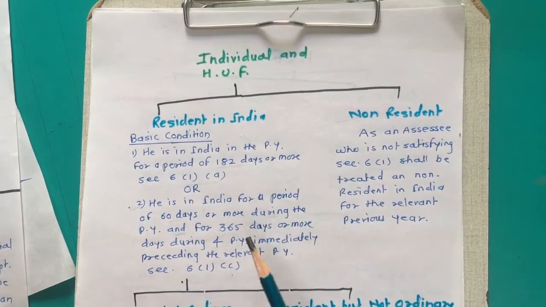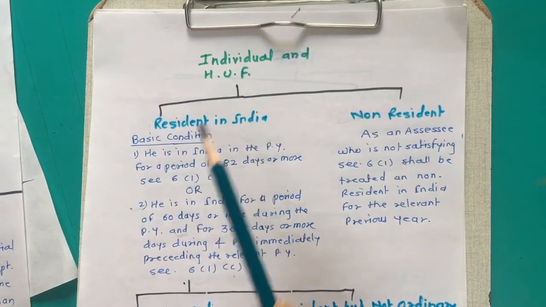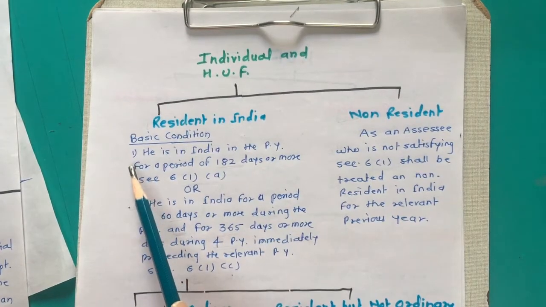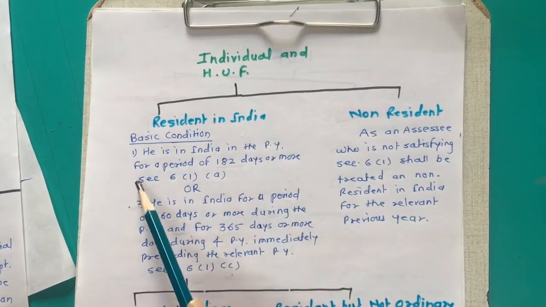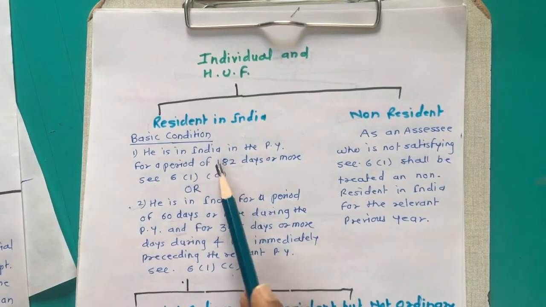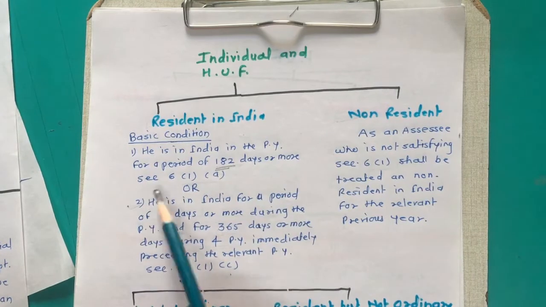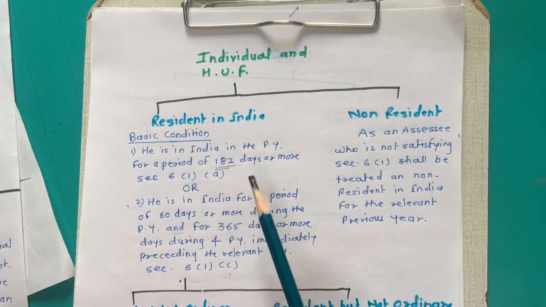For consideration of the residential status in India of individual and HUF, the first basic condition is that he is in India in the previous year for a period of 182 days or more as per section 6(1)(a) of the Income Tax Act.